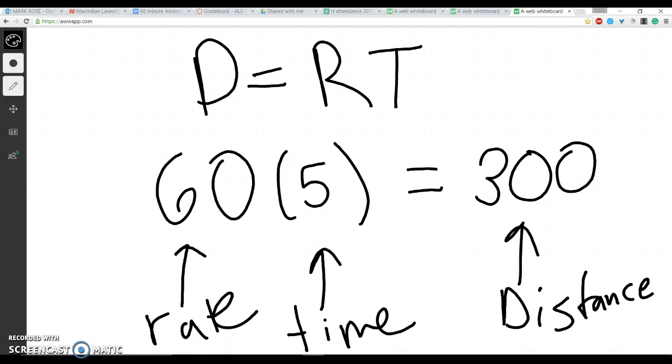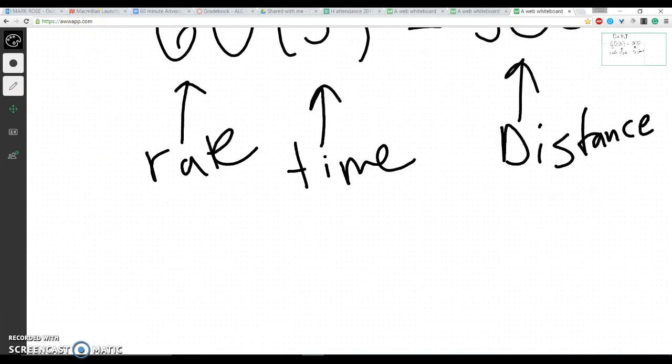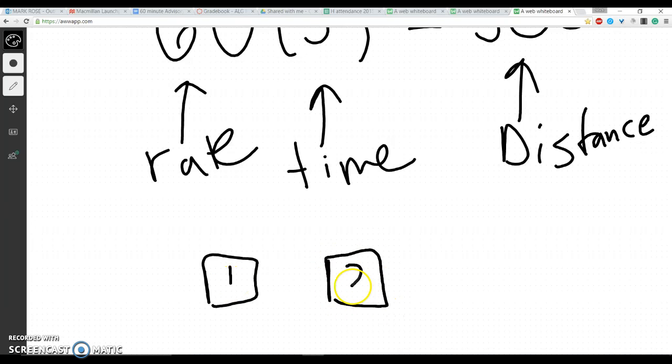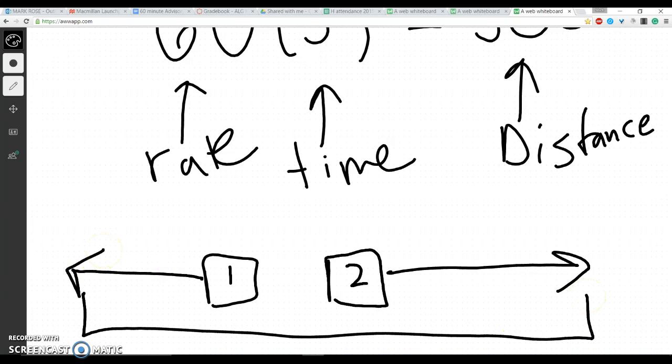So a lot of times word problems come up and they're of this nature. Now there's two types of distance equals rate times time problems. If you think about cars, it's the two things different cars could do. Let's say I have a car here, I'll call this car 1, and a car here, I'll call this car 2. Car 2 could go this way, and car 1 could go this way, and I want to find the total distance if I added both of them up.